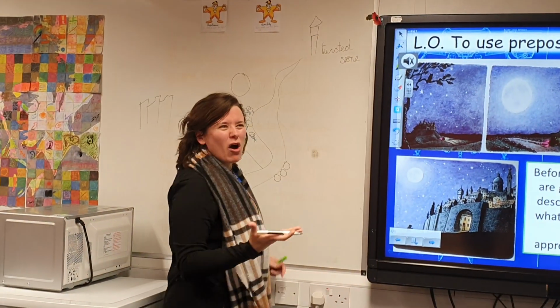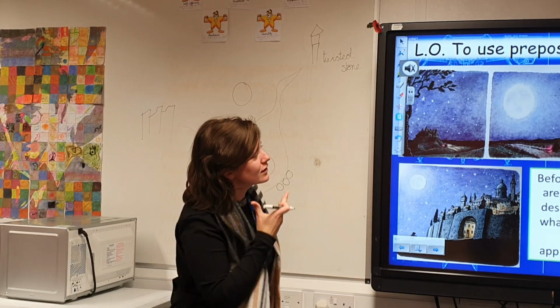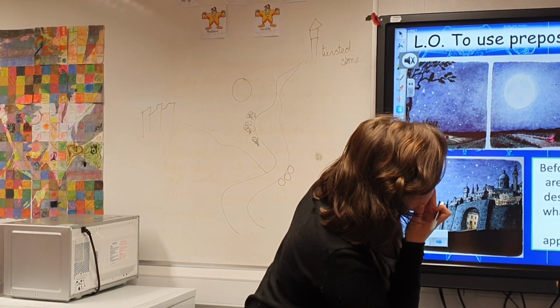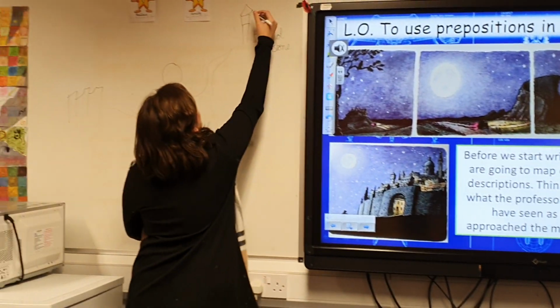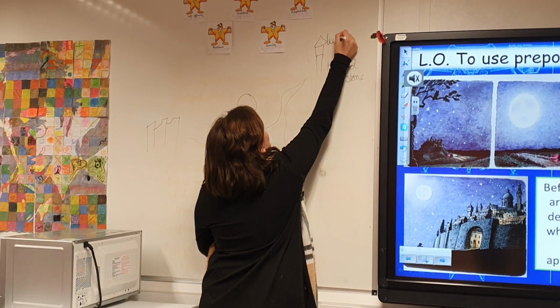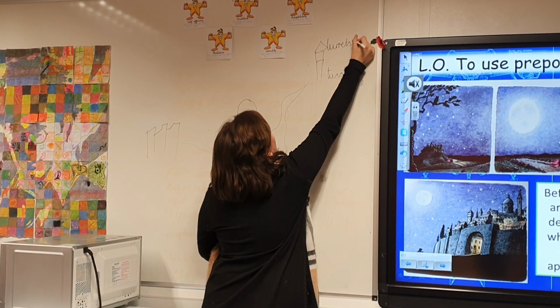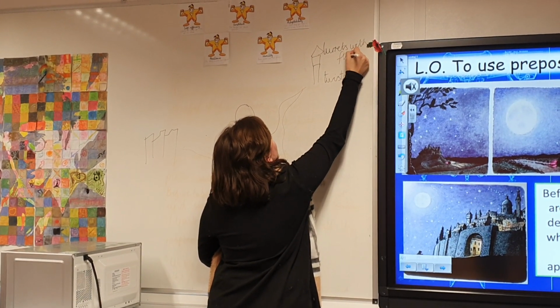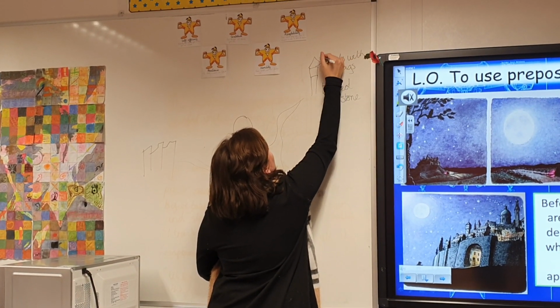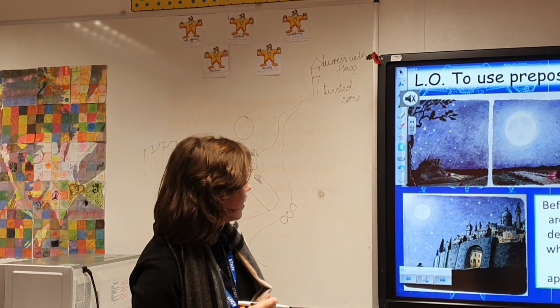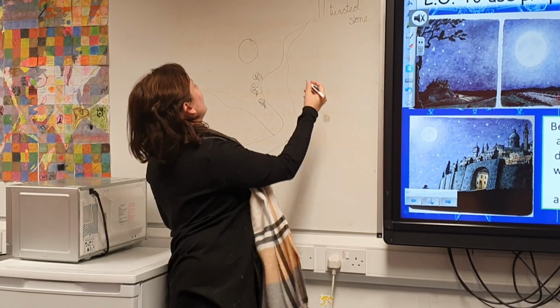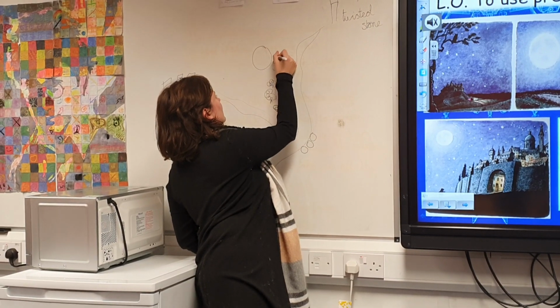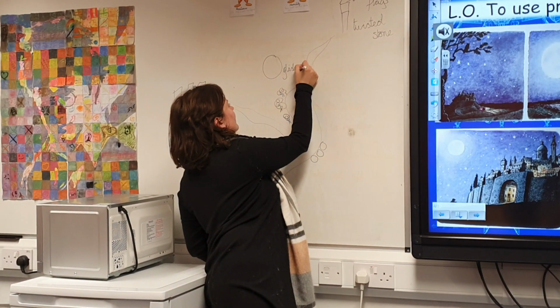Oh, but pointed is a bit obvious because we know turrets are pointed. They've got a flag on top of them. Turrets with flags on. So I've got my with to describe with flags. I can describe the moon, it's glistening. Glistening moon.